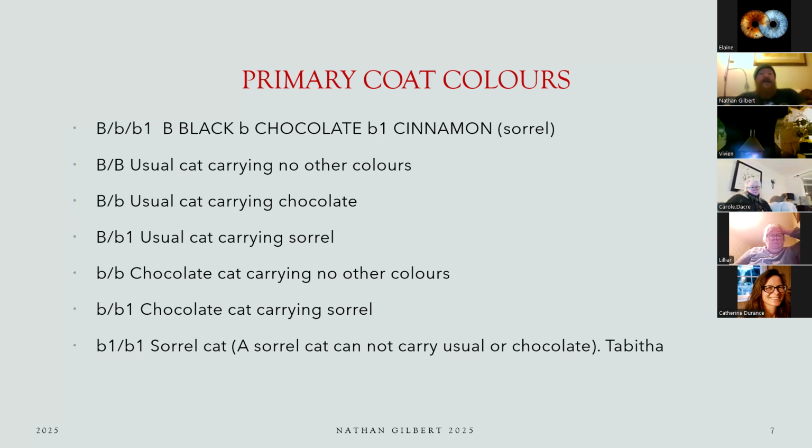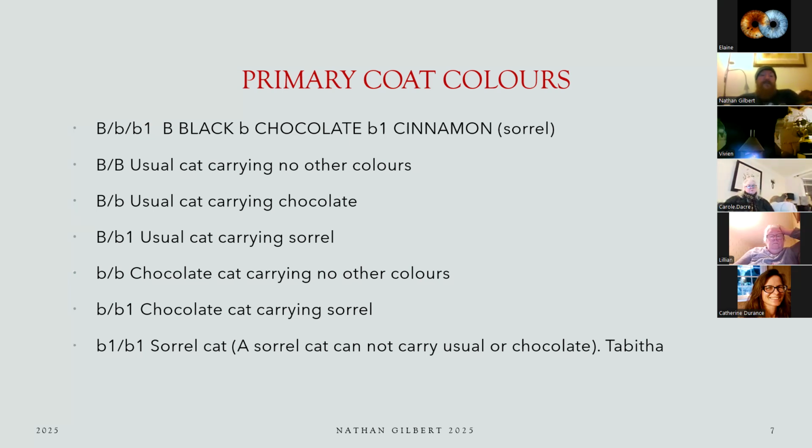It can be homozygous, so it can be a usual cat. It doesn't carry any other primary colors. It will only pass on the usual gene to its kitten. It can be a black cat that carries chocolate. So when you get your swab results back from Langford's or whoever you might use, you will see that it's capital B, little b.